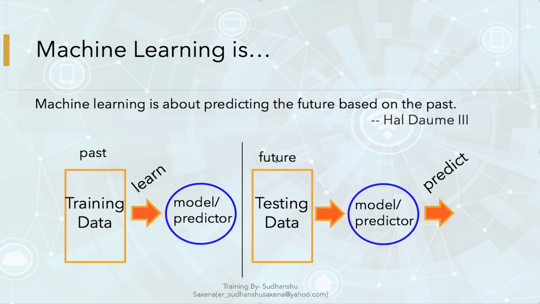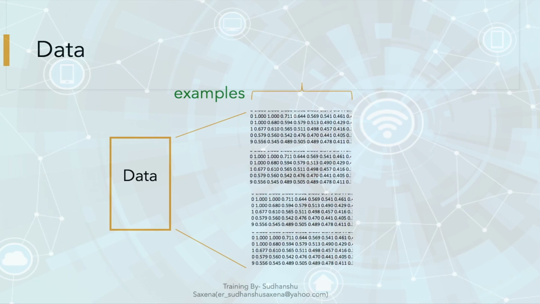I can pass this data to my machine, and based on the model which has been created by the training data, this testing data will be assessed on this model, and then it will predict whatever the category of that animal is. So this is how the whole machine learning works, and I hope you understand this. These assumptions in a machine are nothing but mathematical assumptions, nothing more than that.